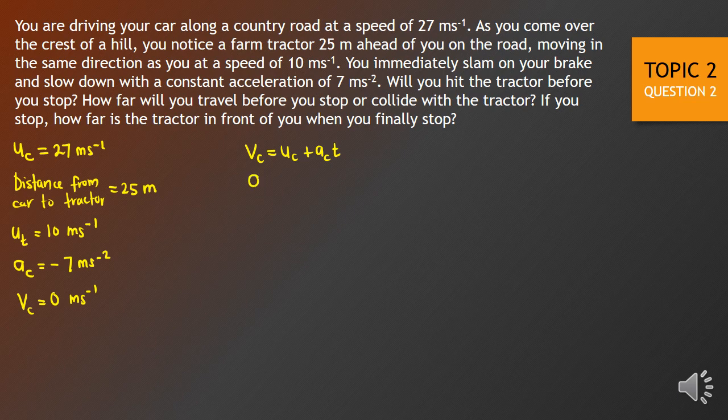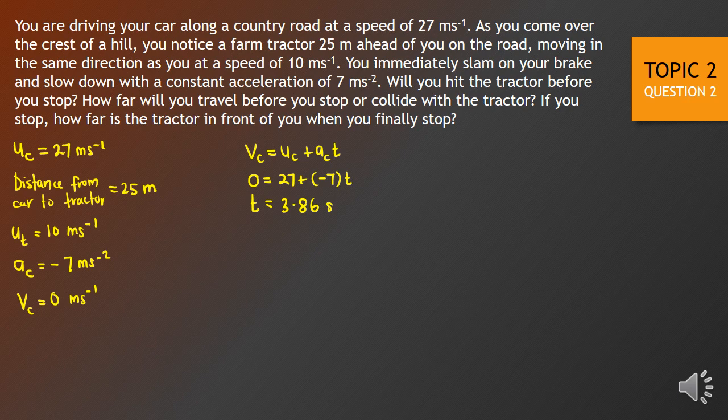So 0, that's the final velocity of the car, is equal to 27, okay, plus negative 7t. So we get the time taken for the car to stop to be 3.86 seconds.